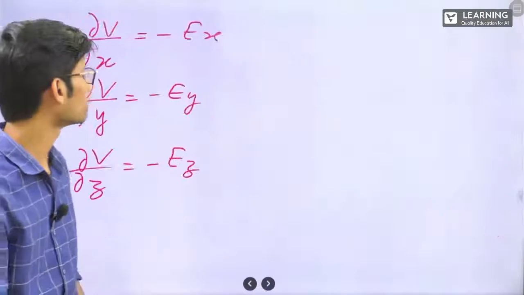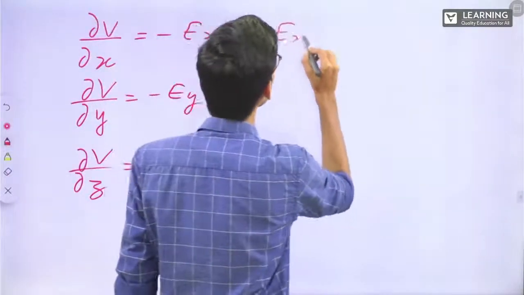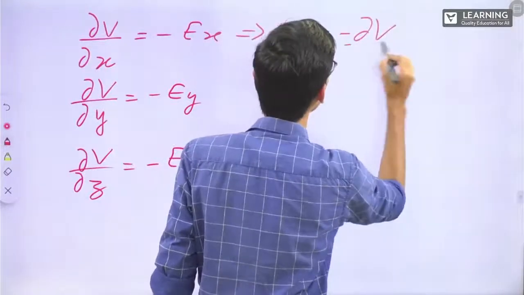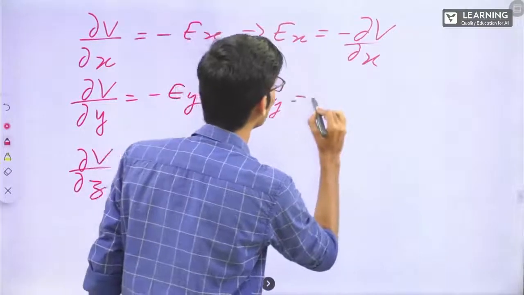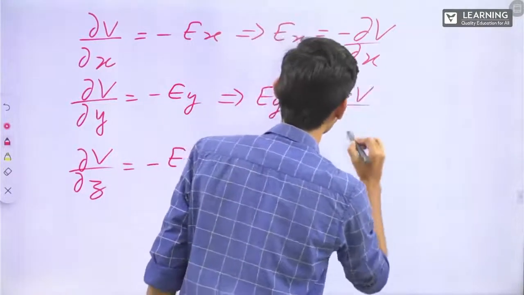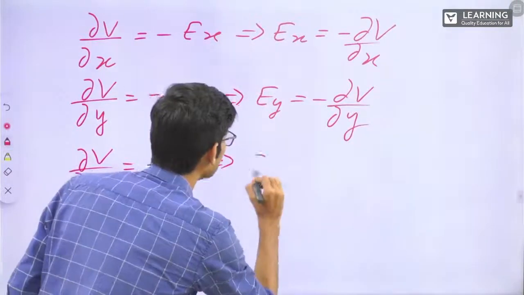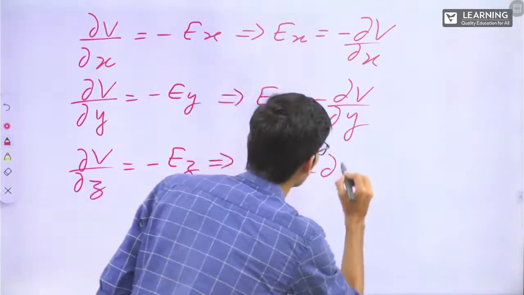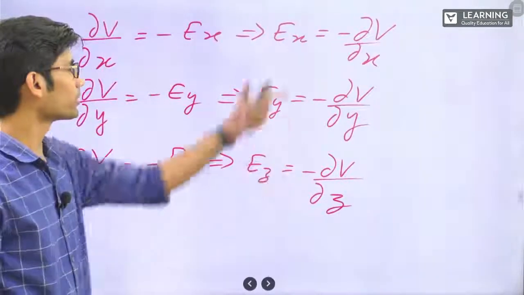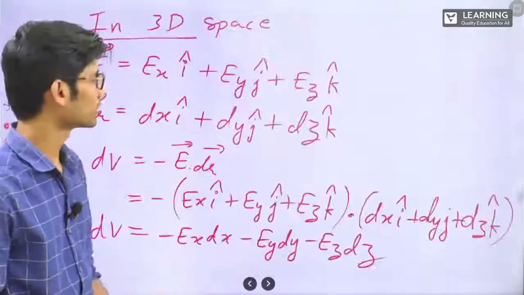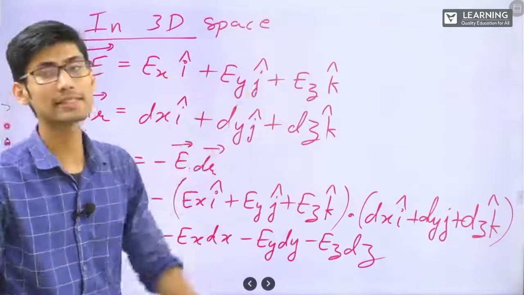Fine. Now from here, I can write Ex is equal to minus dou V by dou x. From here, I can write Ey is equal to minus dou V by dou y. From here, I can write Ez is equal to minus dou V by dou z. We got Ex, we got Ey, we got Ez. See, E vector is Ex i cap plus Ey j cap plus Ez k cap.